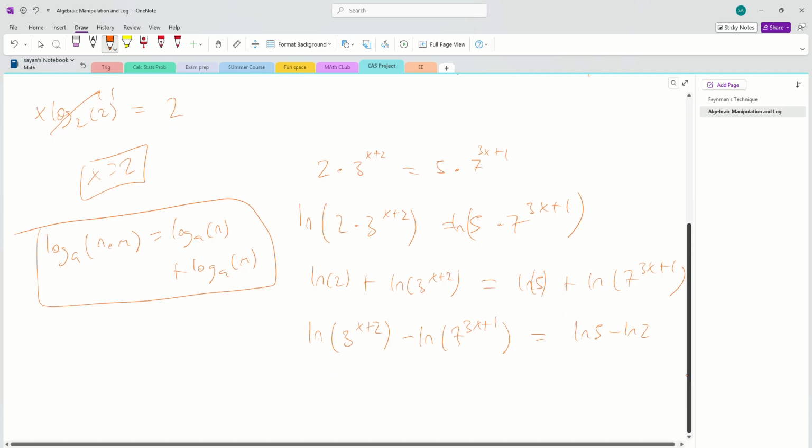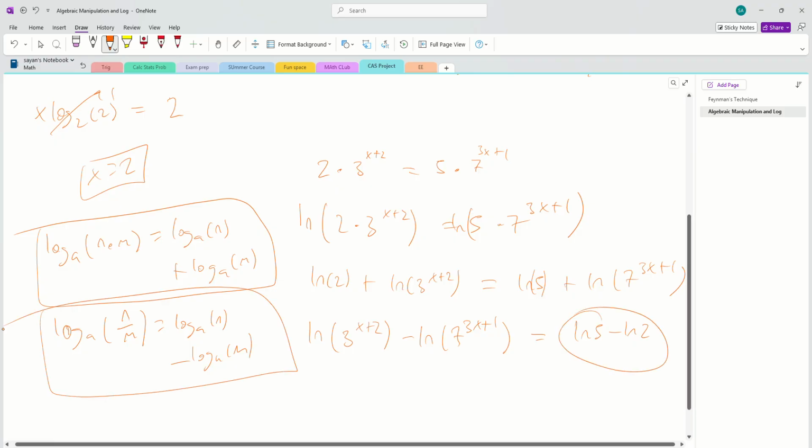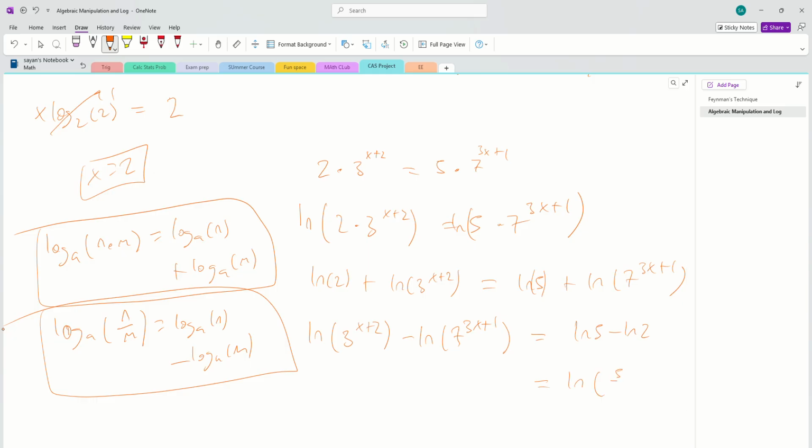So, remember how I said plus is multiplication? Well, log base a of n over m is equal to log base a of n minus log base a of m. So this part can actually be rewritten as ln of 5 over 2.